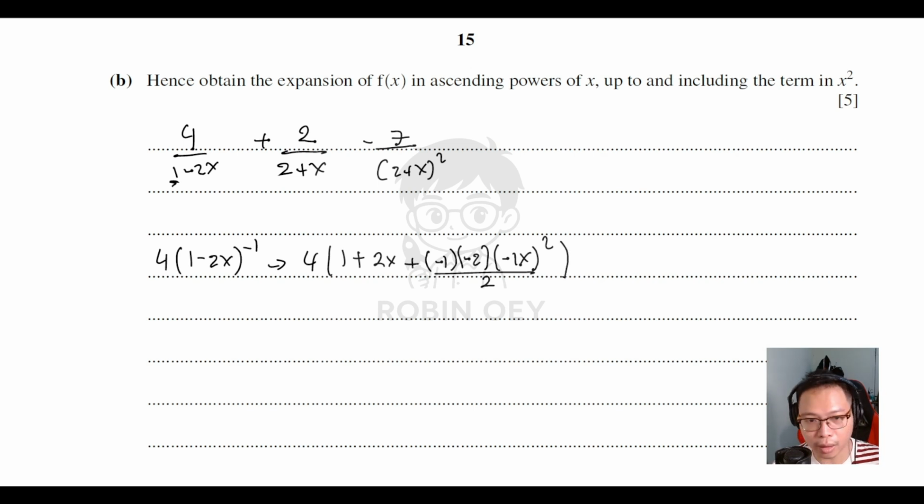So I will get 4 times (1 plus 2x plus 4x squared). That would be 4 plus 8x plus 16x squared. That is the first part.